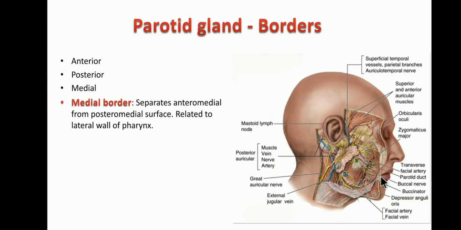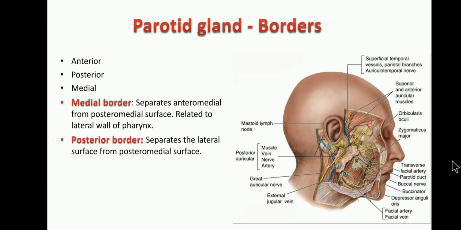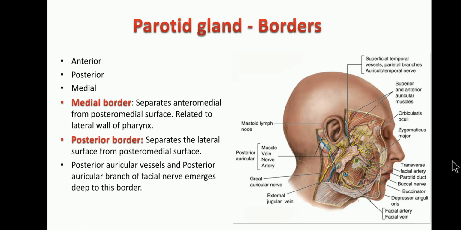The next border which you are able to see here is the anterior border, which separates the superficial or lateral surface from the anteromedial surface. So mainly, we are discussing the posterior border.